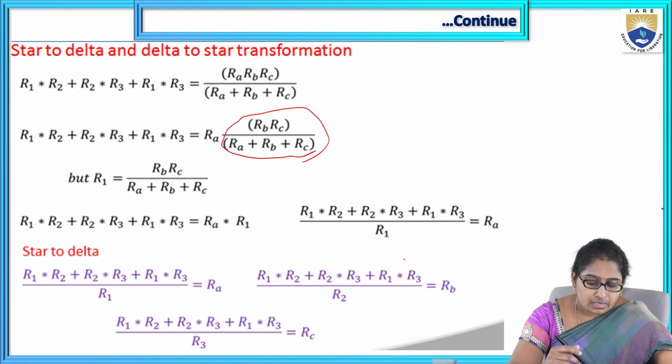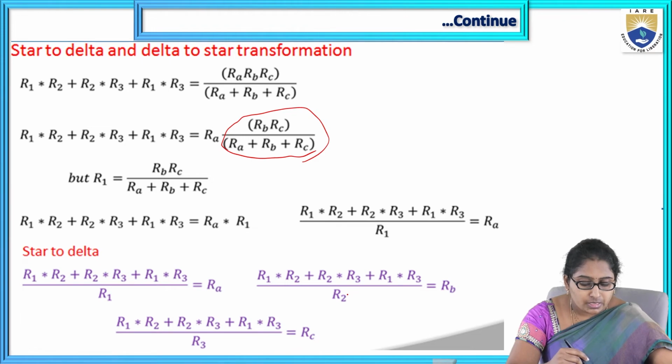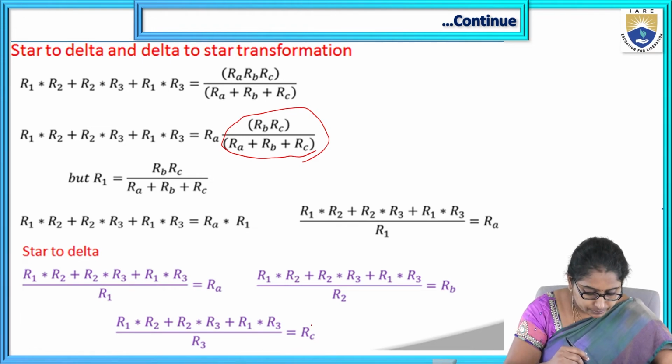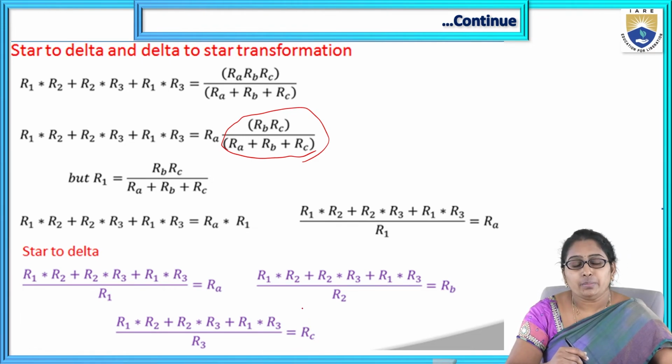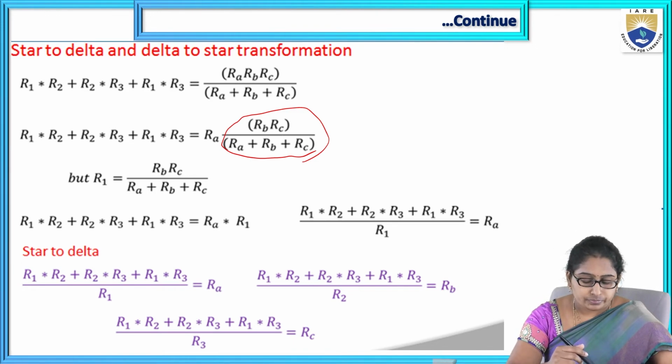RB is given by, numerator is the same, sum of the product of each two elements over its opposite element in delta, which is R2. That's why in the denominator it's R2. Then the third element RC is, numerator again the same, sum of the product of each two elements, R1 R2 plus R2 R3 plus R3 R1, over R3.